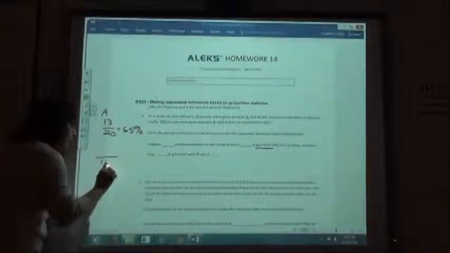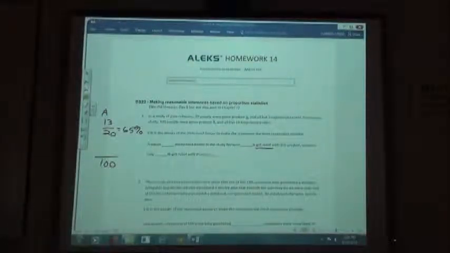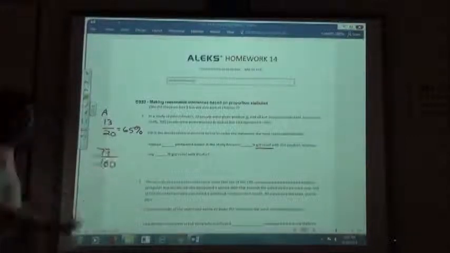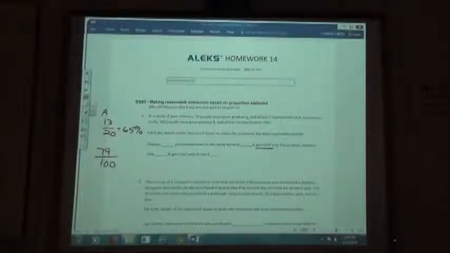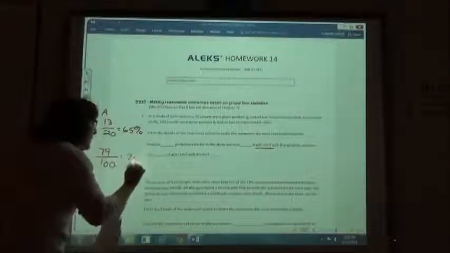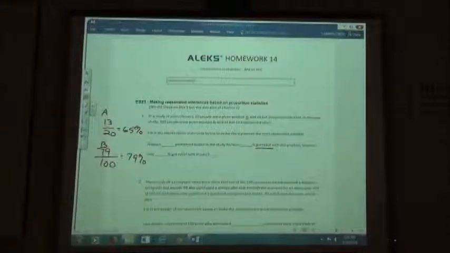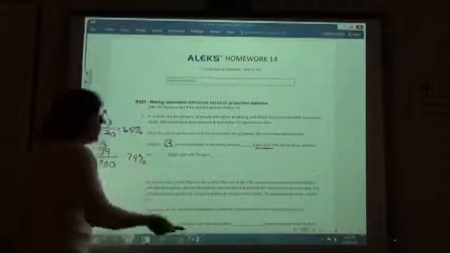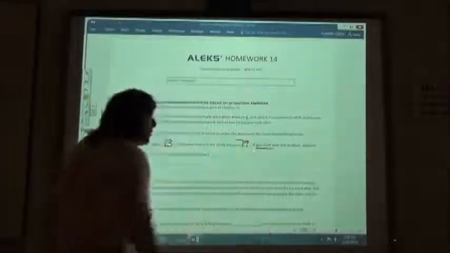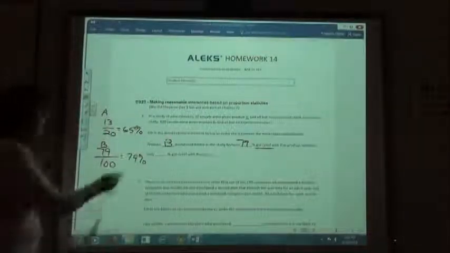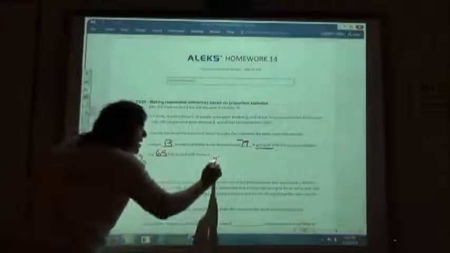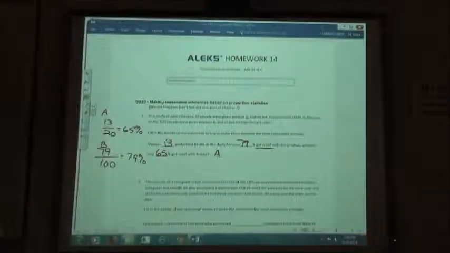If we had 100 people, 100 minus 21 would be 79, right? And 79 divided by 100 we know is 79%. So, which one performed better? Product B did, because 79% got relief, whereas only 65% of product A got relief, right?